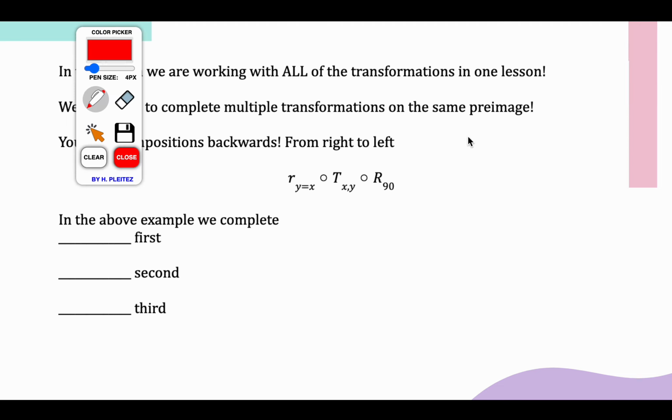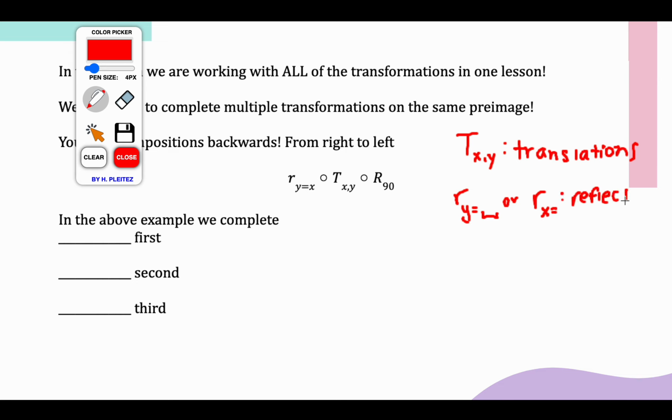We've done translations, which are of the form T x comma y, where those x and y values are how much we're manipulating our x and y coordinates. We've also done reflections, where reflections are the lowercase r, and then we have our line of reflection, usually y equals something, or we have reflection x equals something.